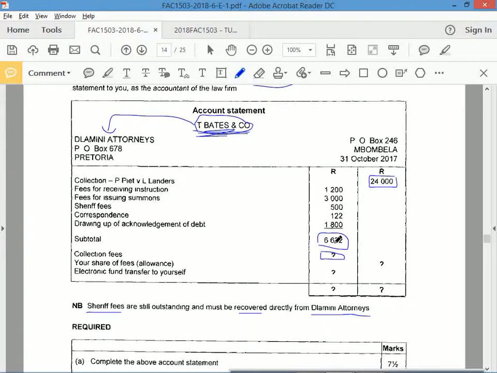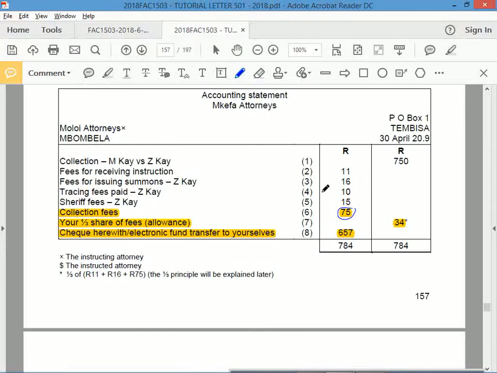Okay, we know what the subtotal is. We know that there were fees for receiving the instruction, fees for issuing the summons, there were sheriff fees. The sheriff fees, they said, were going to be recovered from the attorneys directly. Then there were correspondence fees. Those are fees, those are fees. And then we've got drawing up of acknowledgement of debt. Yes. So we've got those. If you look at this example here, we added up.